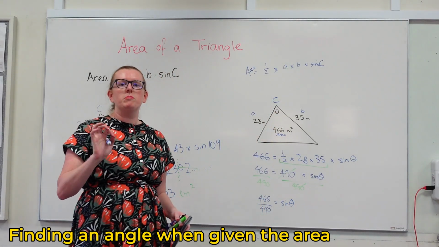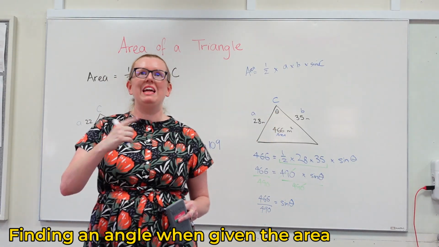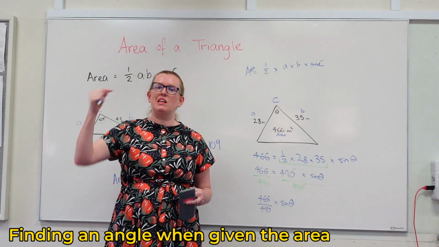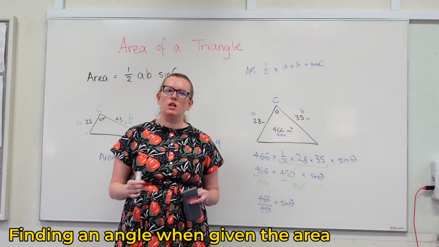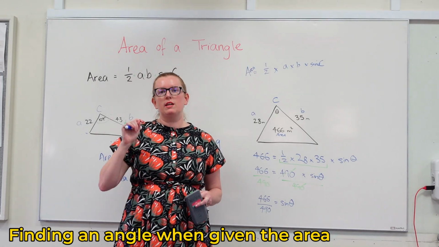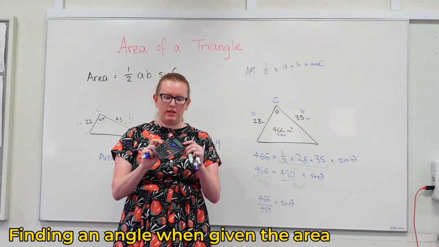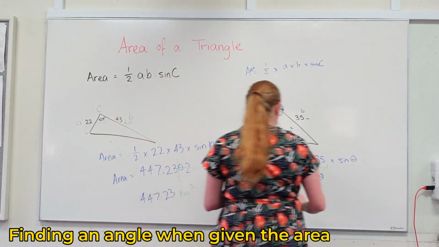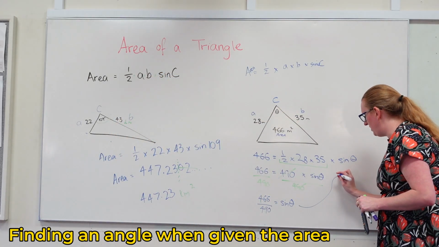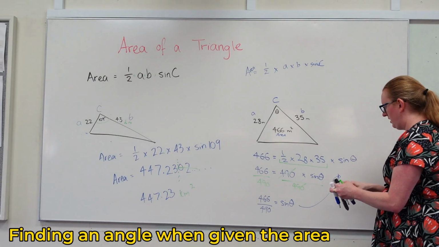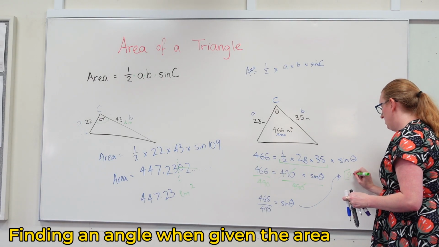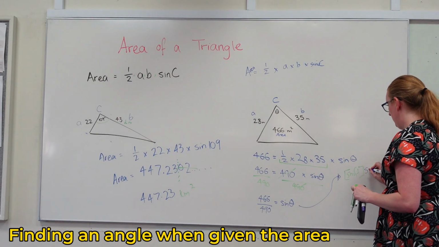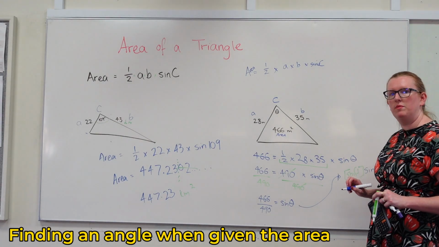Okay, now remembering back to when we did the sine rule, or even back to when we did right angle trig, anytime you're looking for an angle on the inside of a triangle, you're going to use inverse. So we click a special button on our calculator, we click shift up here. So I'm running out of space, so let's do it over here. I'm going to click shift and then sine, and that will give me sine with a little -1.